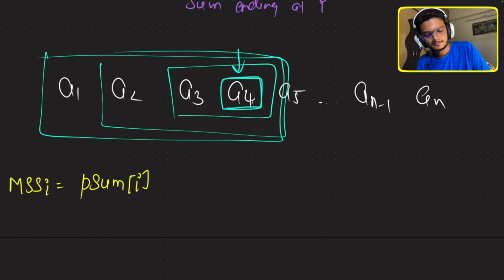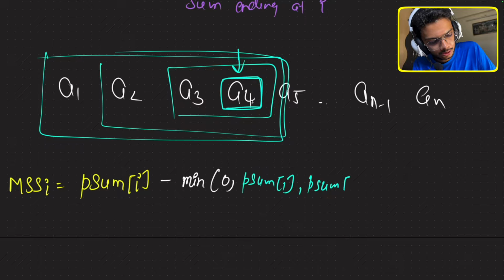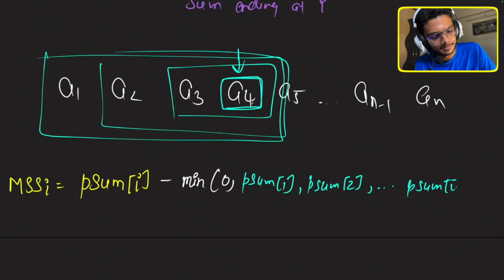In other words, from this you remove the minimum of 0, that is you remove nothing, prefix sum of 1, prefix sum of 2, and so on till prefix sum of I minus 1, right?